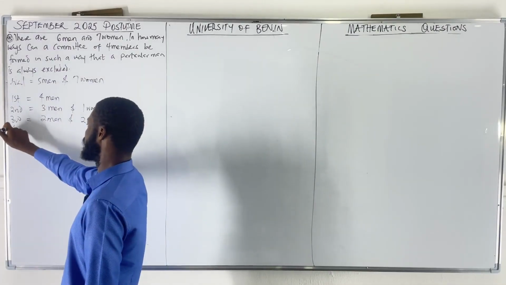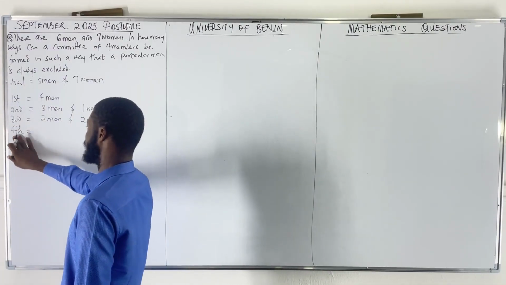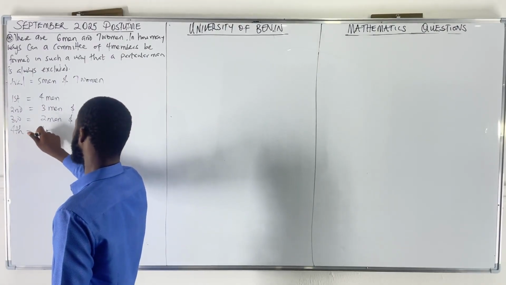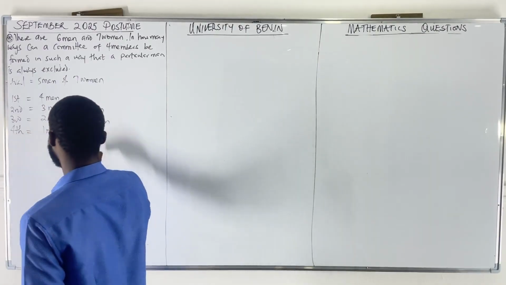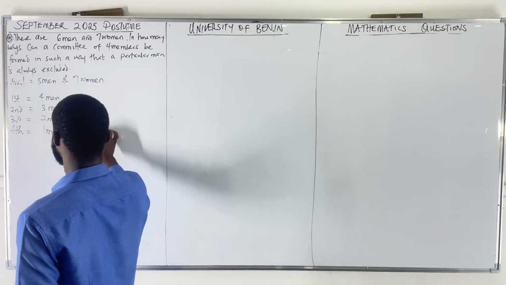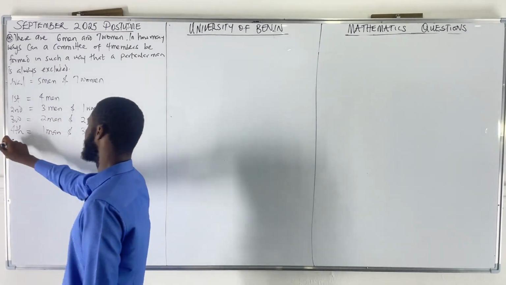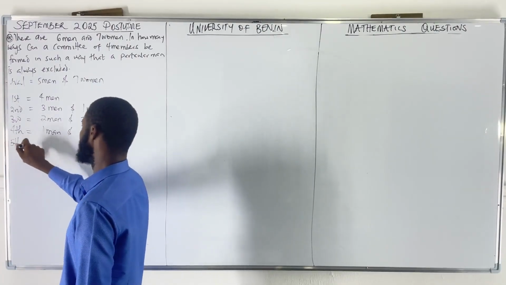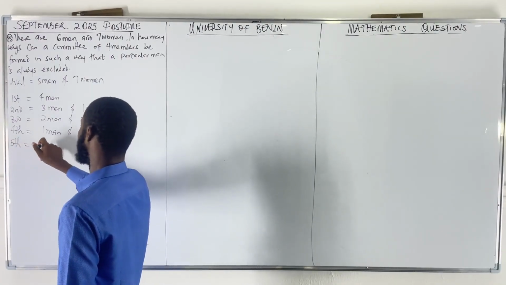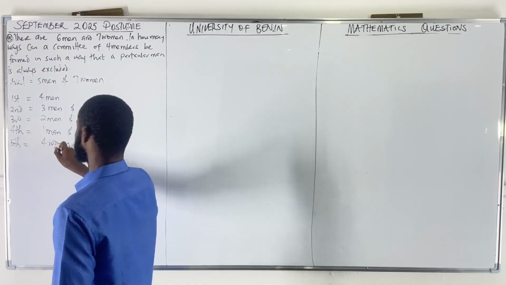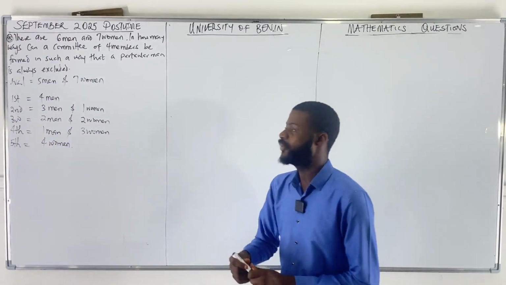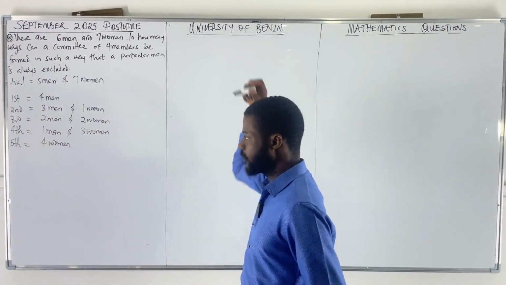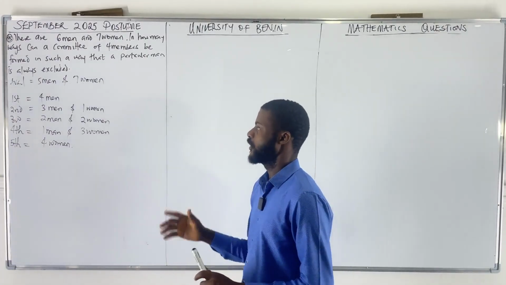The fourth way is to have 1 man and 3 women. Then the last way is to have 4 women. So these are all the ways we can do them.